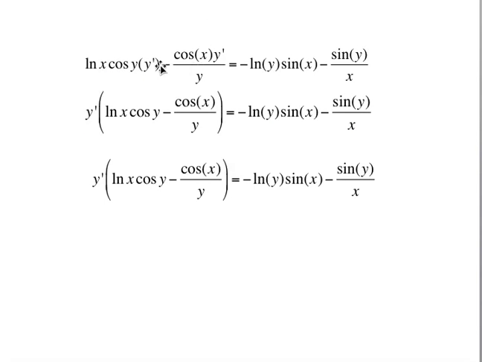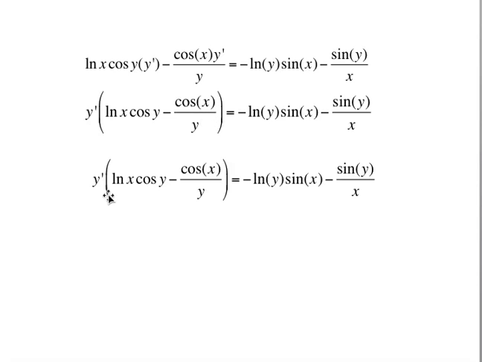Once you've got the y prime terms all on one side, you can factor out the y prime. And so once you factor out the y prime, you're left with natural log of x times cosine y minus cosine of x over y.